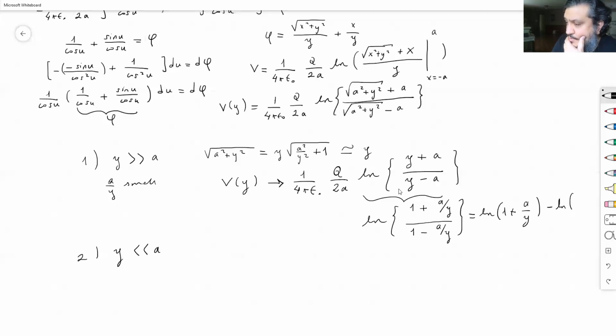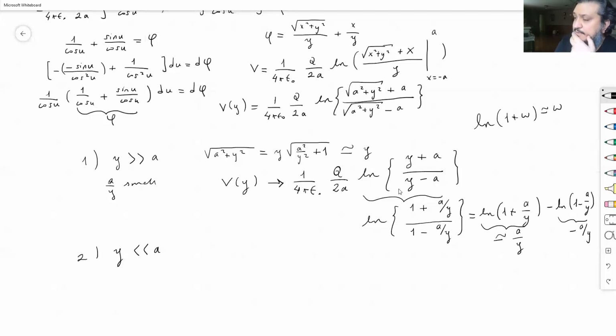So ln 1 minus a over y. Again, a over y is small, so I'm using that the logarithm of 1 plus a very small quantity, call it w, is approximately w. So this will be a over y minus negative a over y, which is 2a over y.